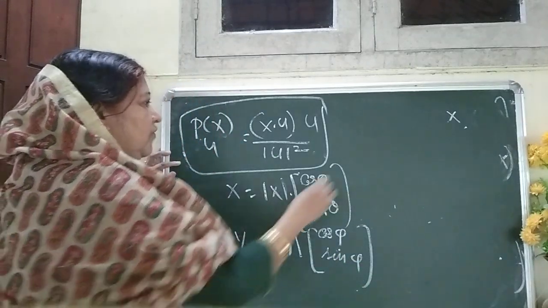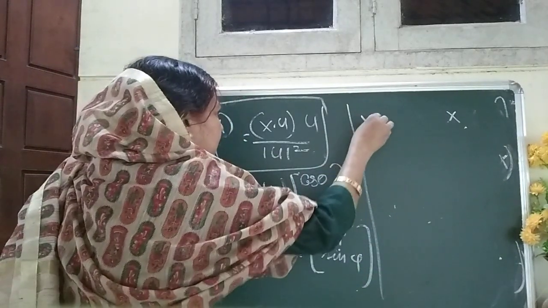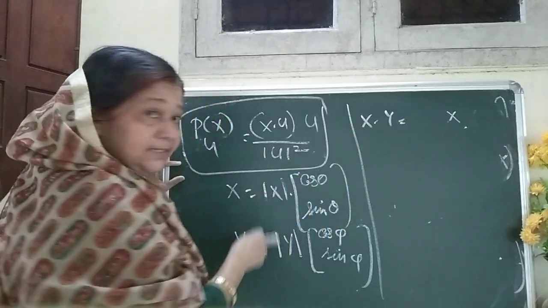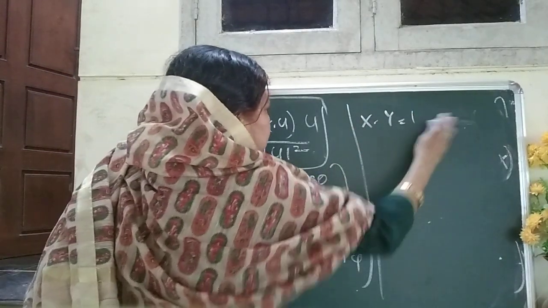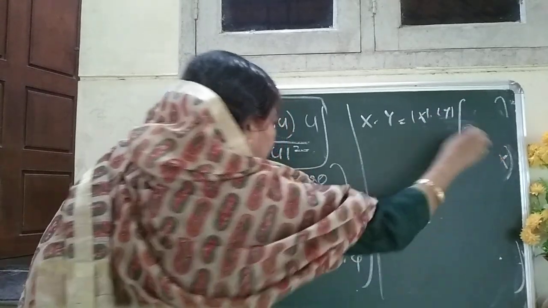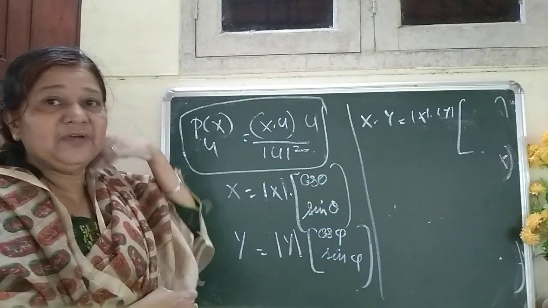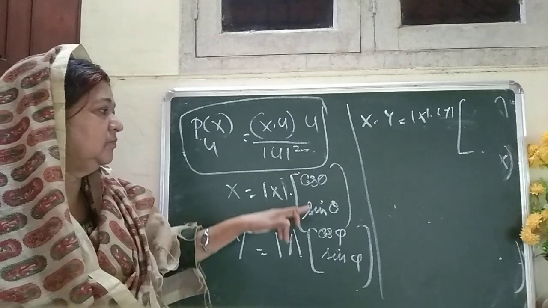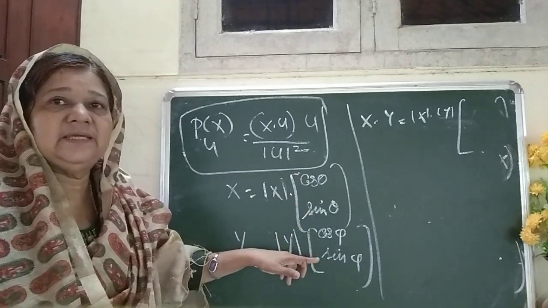Then what is x dot y? X dot y equals mod x into mod y, which is constant, into the product of the two vectors (cos theta, sin theta) and (cos phi, sin phi).